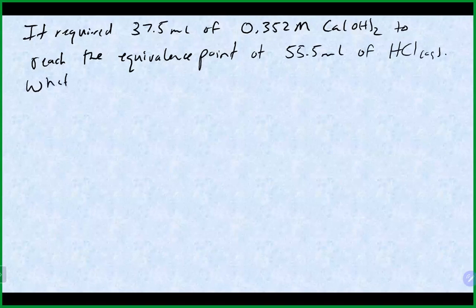What is the molarity of the HCl? All right, so take a moment, see what you come up with. I'll do it as well since I just made up numbers. We'll hope for the best here and see how we do.